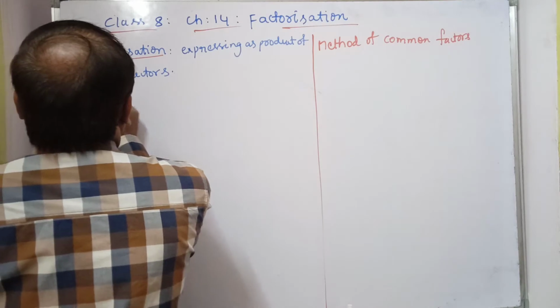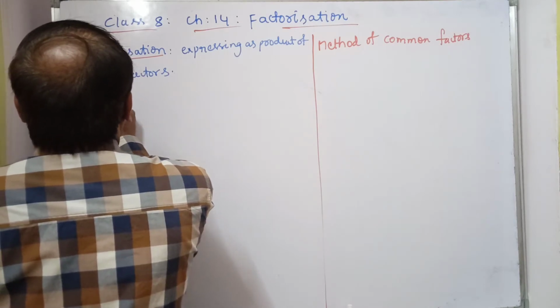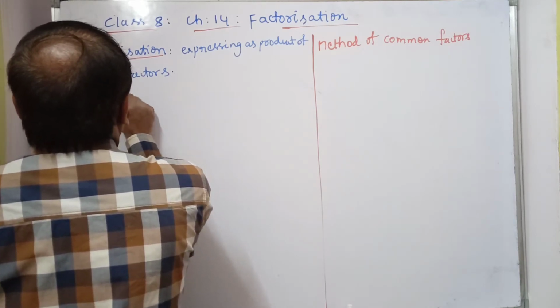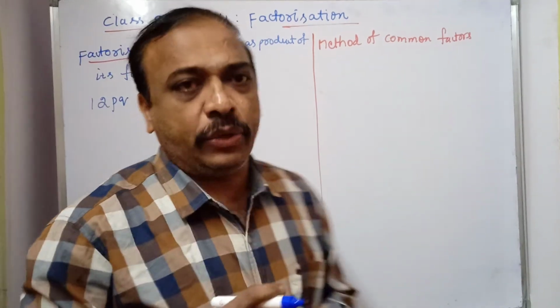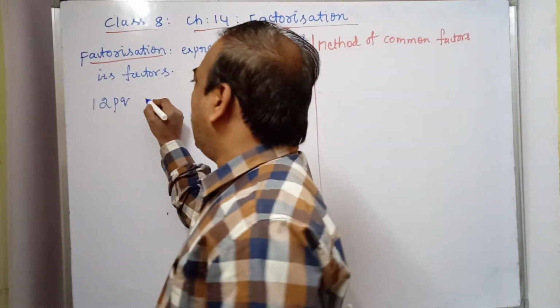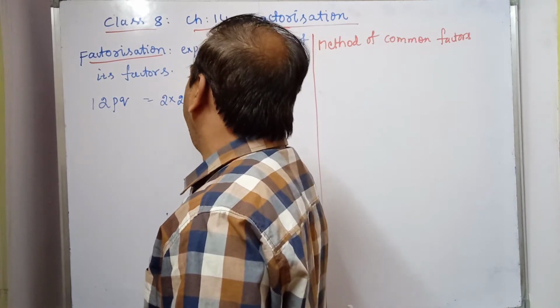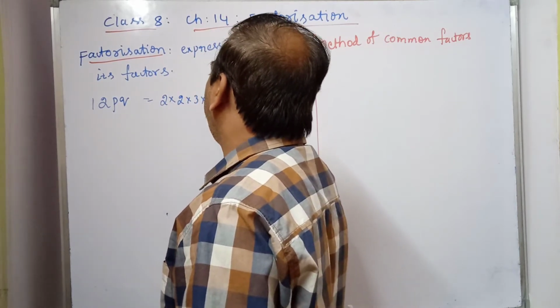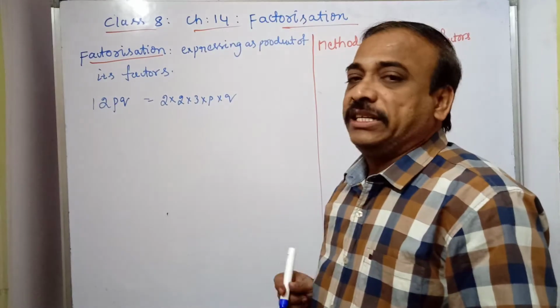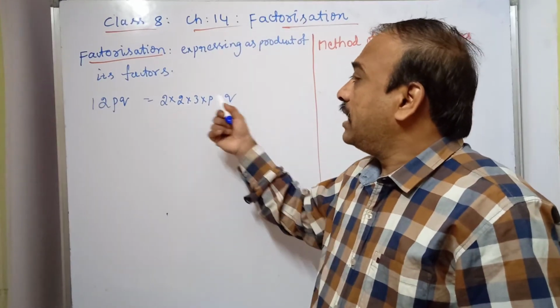Observe it, like 12pq. This can be expressed as 2 into 3 into p into q.